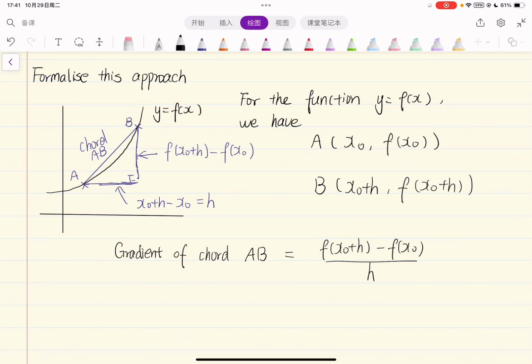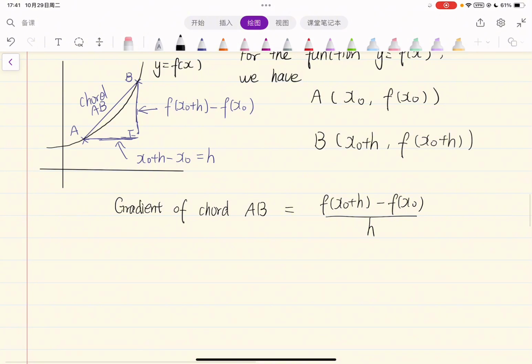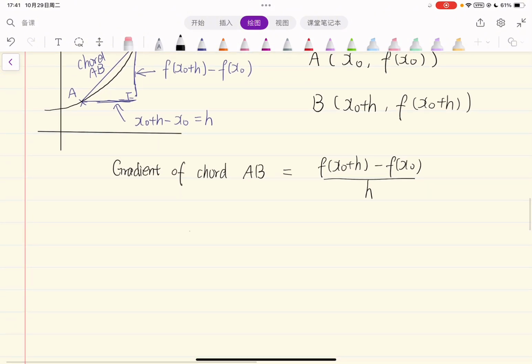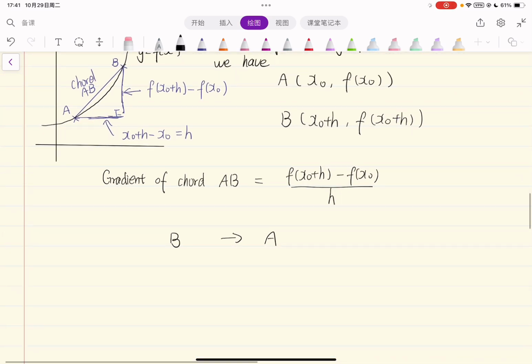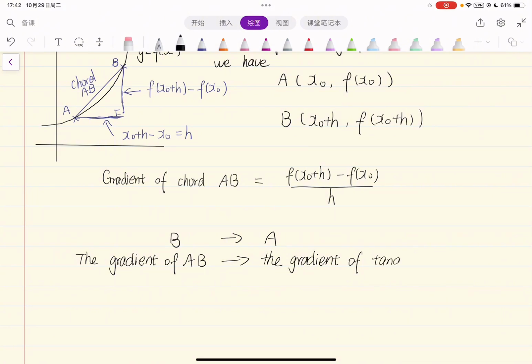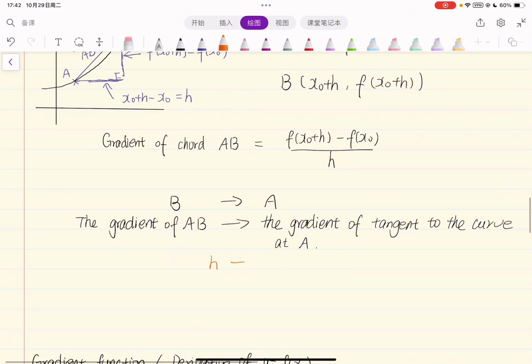From the previous question, we know that as point B gets closer to the point A, the gradient of AB gets closer to the gradient of the tangent to the curve at point A, which means h tends to 0.